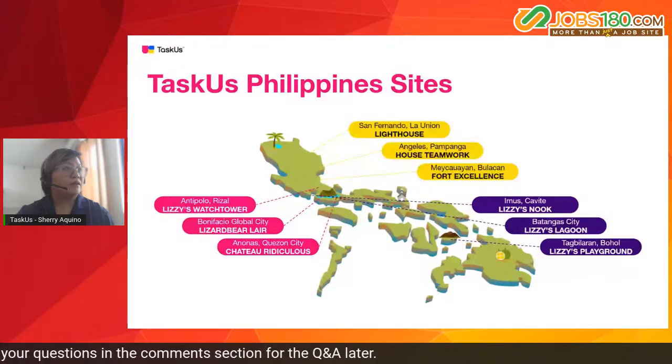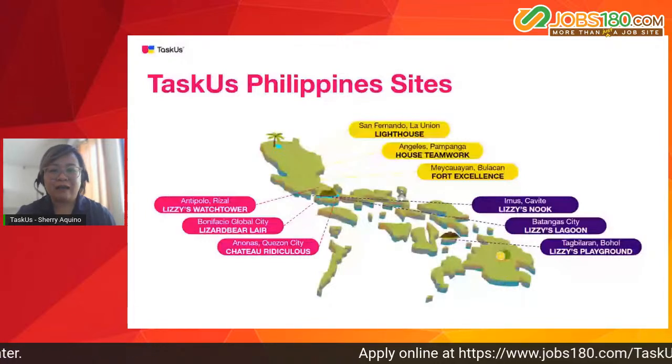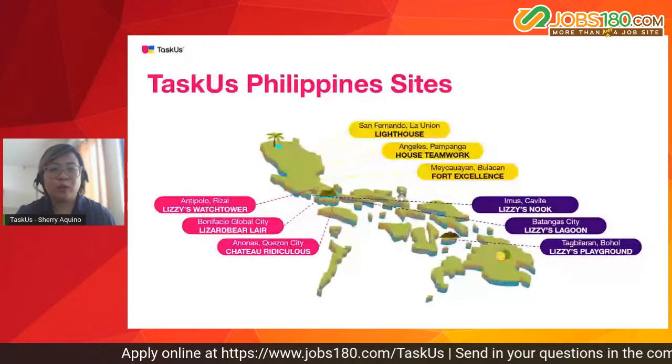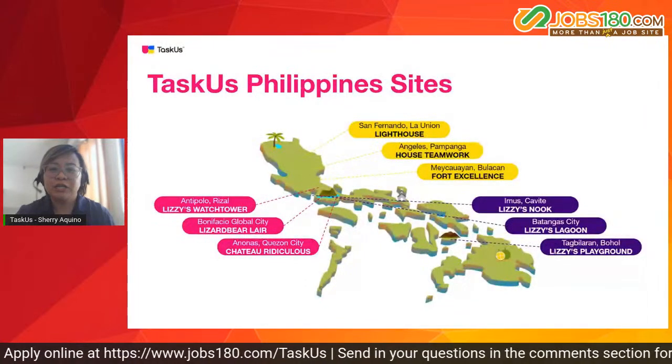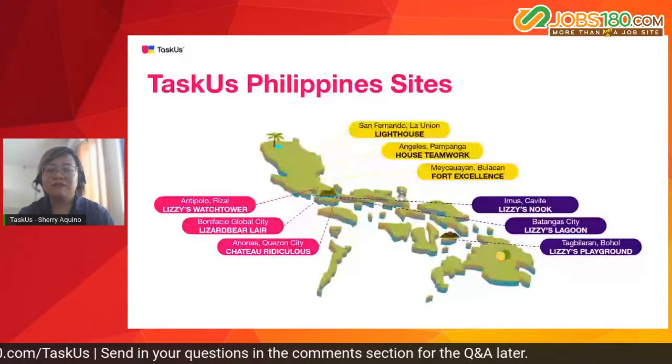All right. For the TaskUs sites, we also show that in the video. So we have different locations globally. We have 20 locations globally, and we're composed of 35,600 teammates or employees. In the Philippines, we actually have 9 sites.